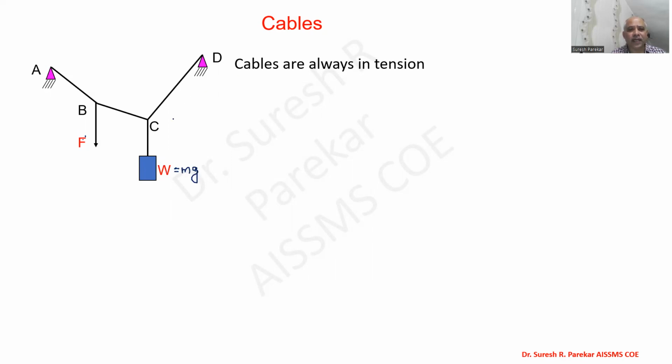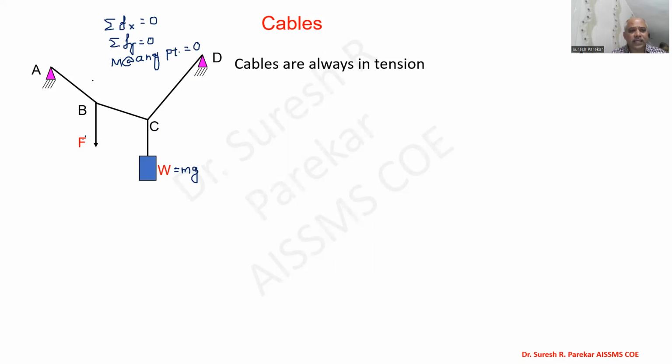The important thing here is that we can apply all three equilibrium equations to analyze these cables: summation Fx = 0, summation Fy = 0, and moment about any point = 0.